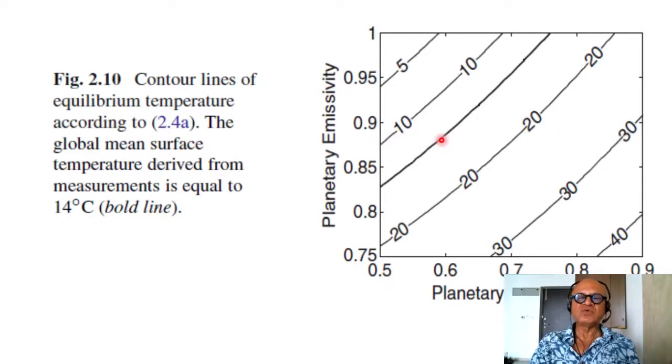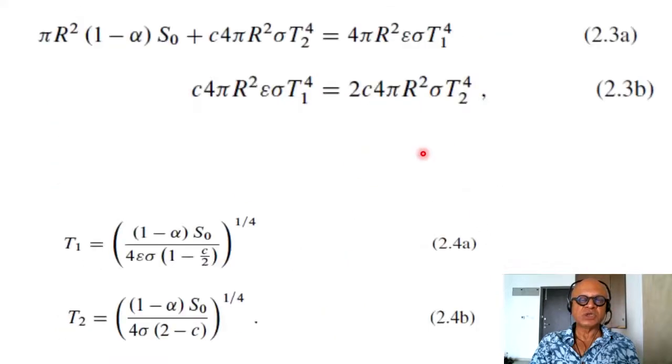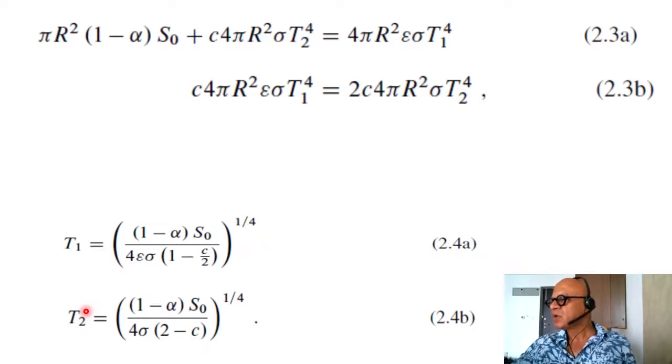Plus, when we do this, the equation for T2 gives us a value of minus some degrees centigrade, I think minus 18 degrees centigrade if I'm not mistaken. Let me make sure.